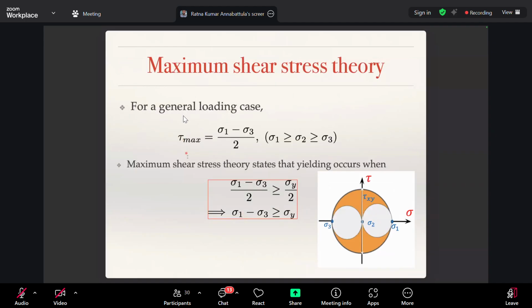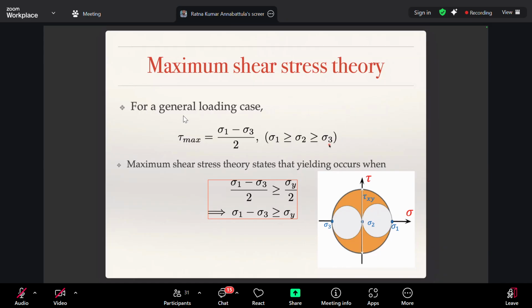So now the question is, how do we do it when you have a three-dimensional state of loading? We have discussed how to draw the Mohr circle. If you have a 3D state of loading, we have three principal stresses, sigma 1, sigma 2, and sigma 3, and on the sigma plane, you identify sigma 1, sigma 2, sigma 3. We have discussed that the usual convention is sigma 1 is greater than or equal to sigma 2, which is greater than or equal to sigma 3.